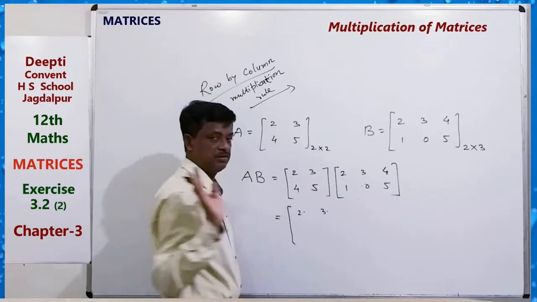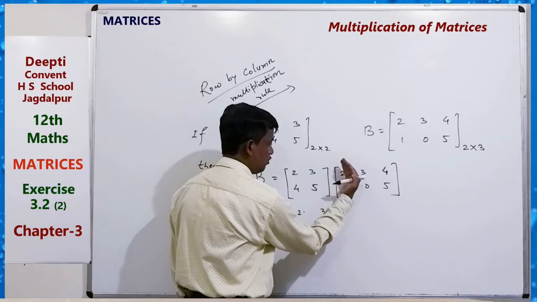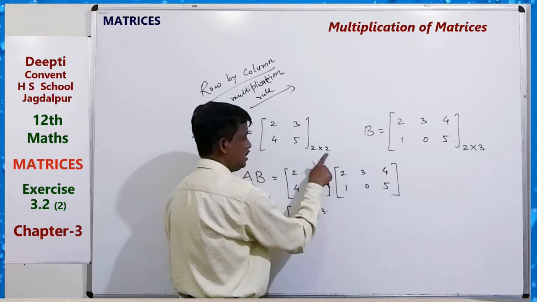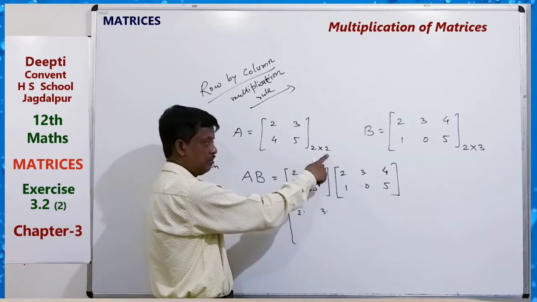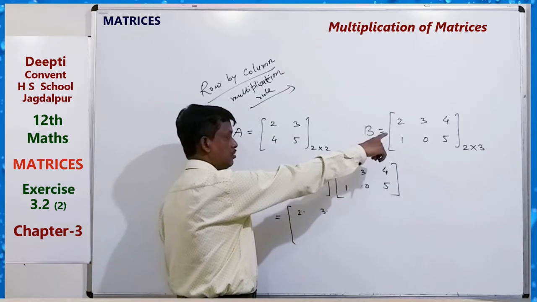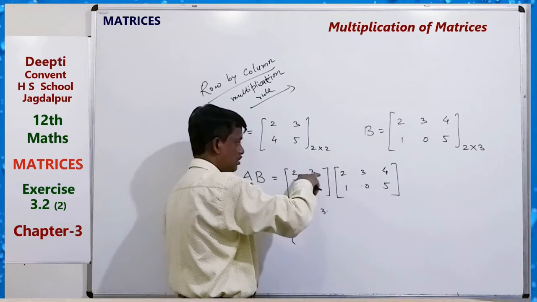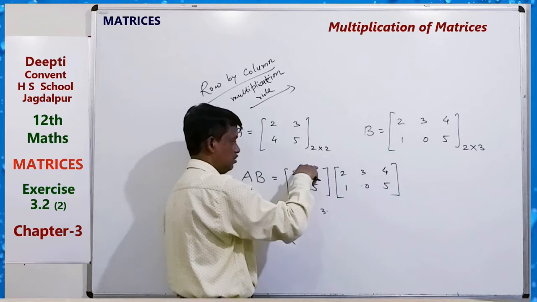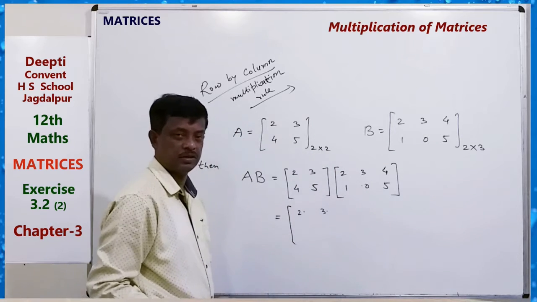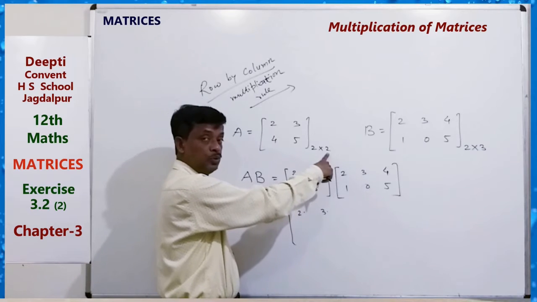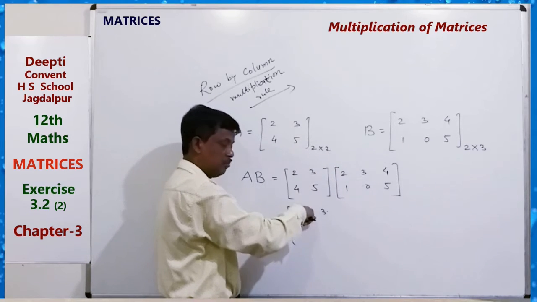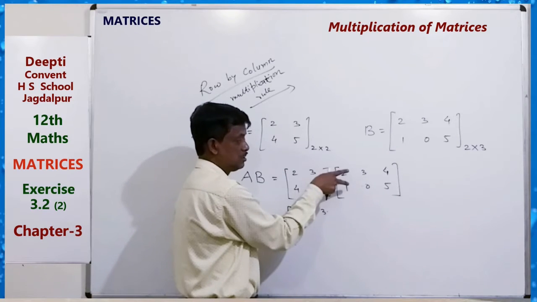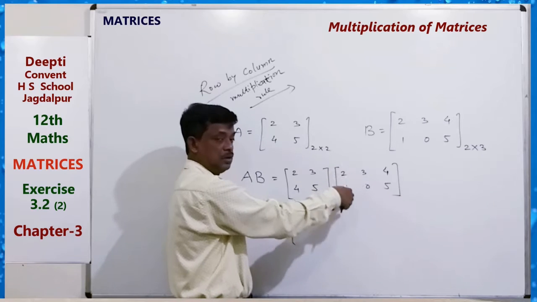This row and this column, because here the number of columns and here the number of rows are the same, so there are 2 elements in a row and 2 elements in a column.